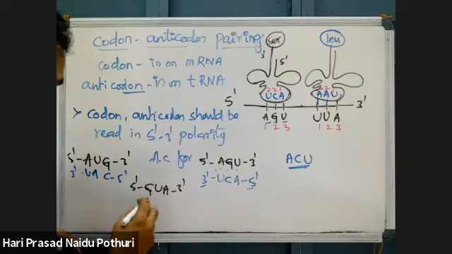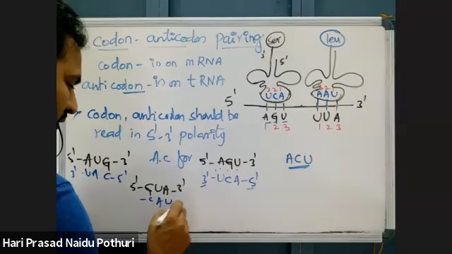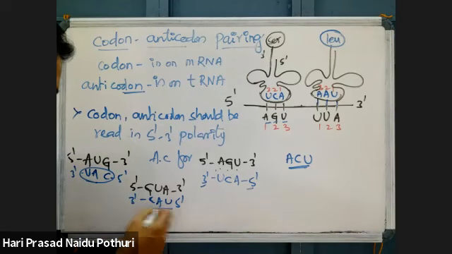Then the sequence will be UAC in 5 prime to 3 prime. In this direction it is UAC. If we are reading in this direction, then 5 prime to 3 prime will be the same.